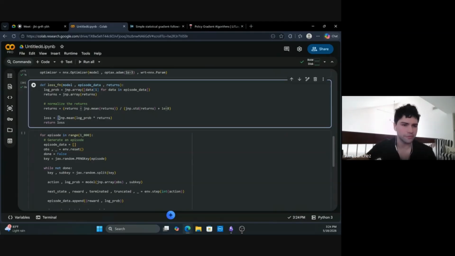And remember, this is really important. This is negative. Why is this negative? Remember that our goal is to get the returns as high as possible. But our goal in a neural network is to get the loss as low as possible. The way you can think about reinforcement learning is that we get the reward. We want to maximize whatever value we get in the rewards.